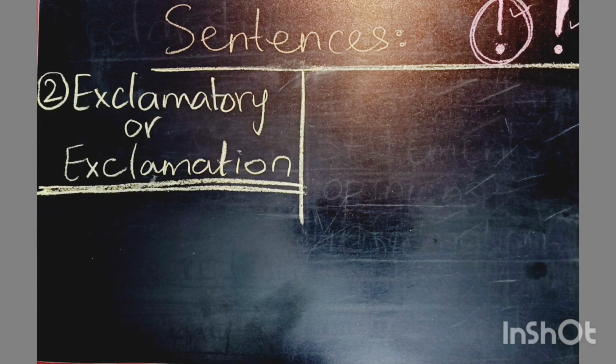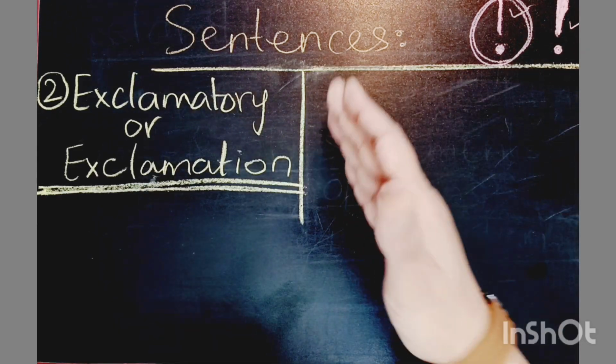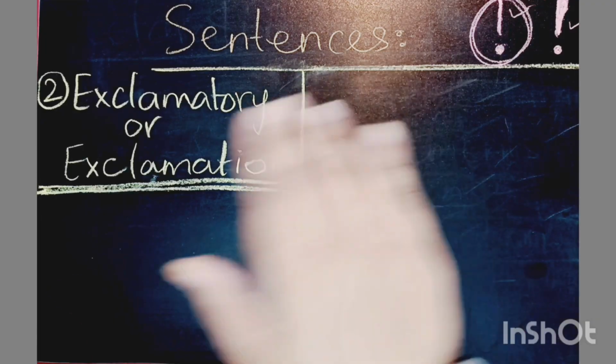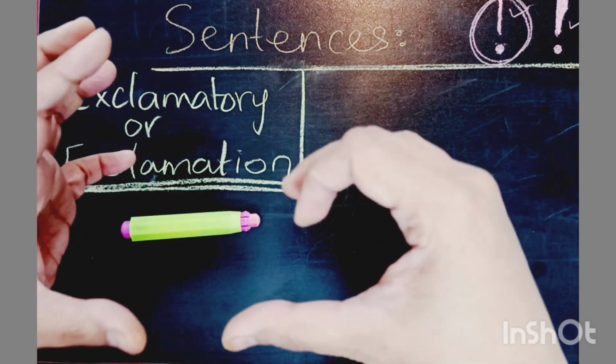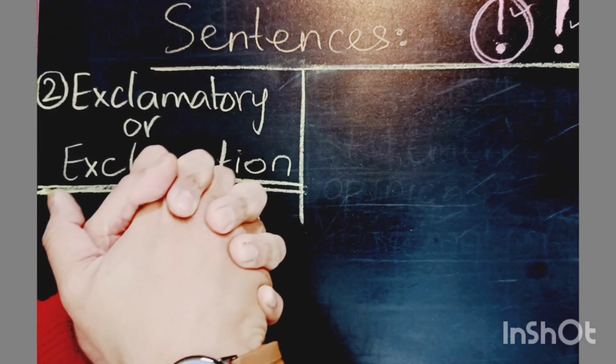So these actually end with an exclamation mark, be it excitement, happiness, or joy. We can say that these types of sentences actually show us the emotions or the sudden emotions or the type of shock people get when they meet with an unexpected sudden situation.